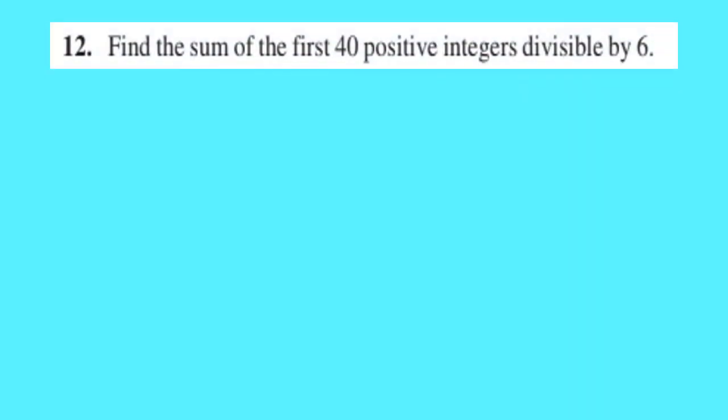Question number 12. Find the sum of the first 40 positive integers divisible by 6. Since it is the first 40 positive integers divisible by 6, we can take the numbers as the multiples of 6. Therefore, the AP formed is multiples of 6, that is 6, 12, 18, etc. You are writing 40 positive integers, that is 40 multiplied by 6, that is 240, that will be the last term.